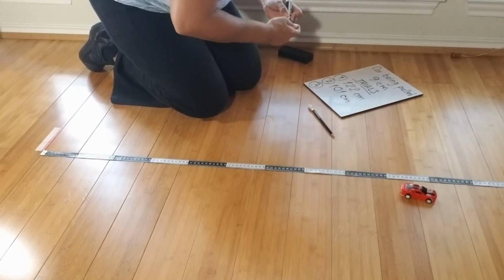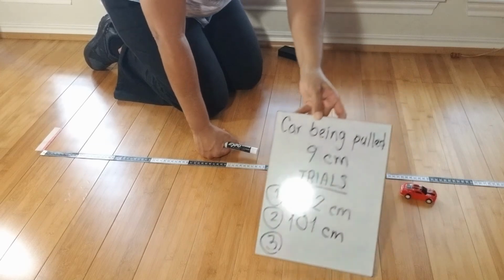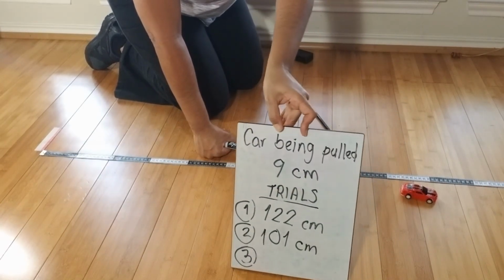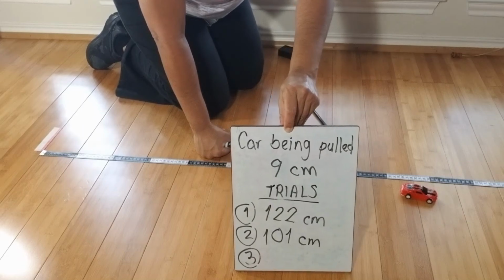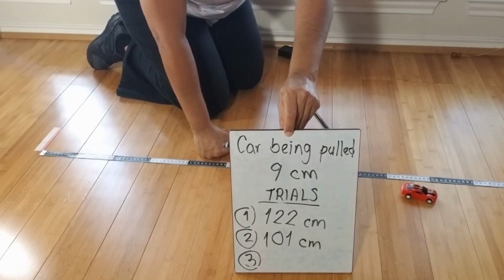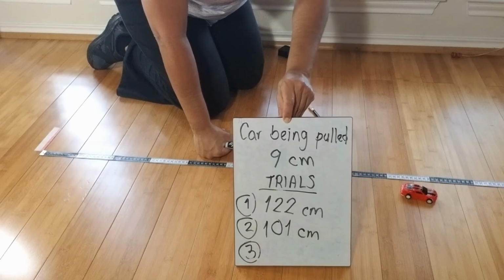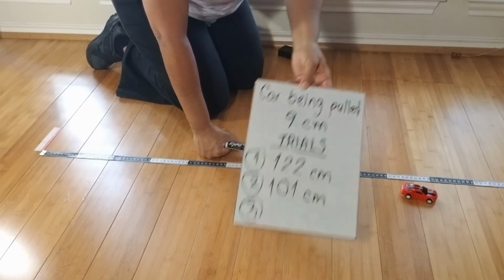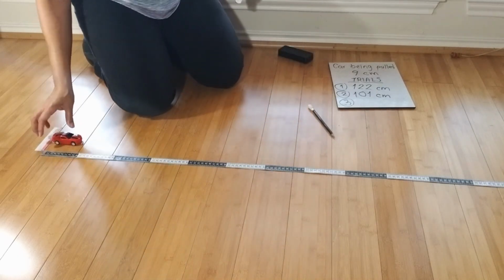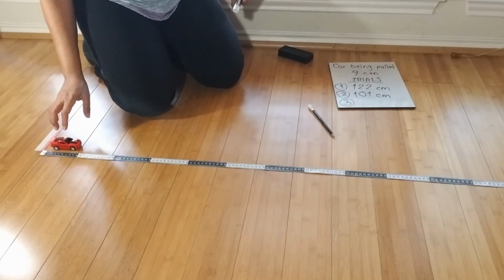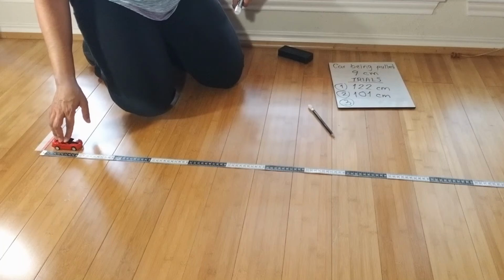So let's write it down in our chart. Now remember, experiments are like this. Sometimes something fails and you just have to keep on going and try to solve the problem so you can keep recording your data. Let's go for the last one. Part of science is having mistakes and being able to fix those mistakes, as well as change your hypothesis.